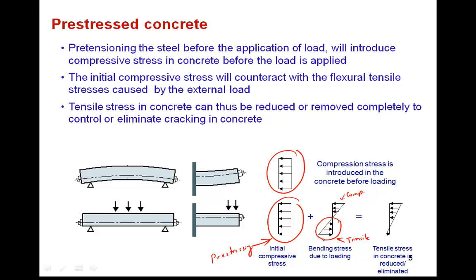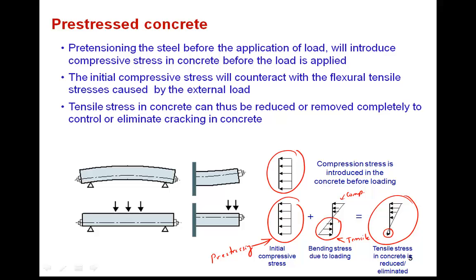It will counteract the tensile stresses due to the external load, and the final stress diagram would look something like this. There may be a very small tensile stress remaining, but that is not enough to make the concrete crack. So that is a big advantage for pre-stressed concrete structures.